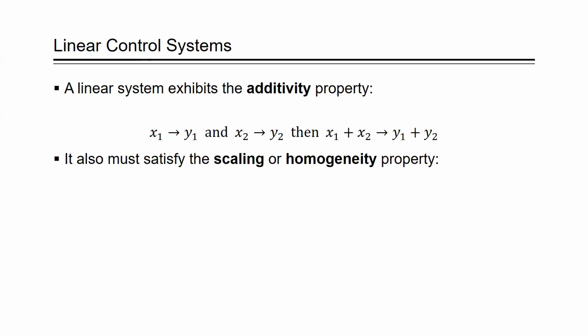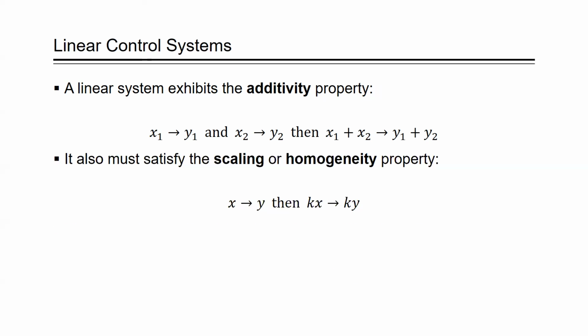Now, a linear system also satisfies the scaling property or the homogeneity property, where if you have an input x that gives you an output y, then if you scale x or multiply it by a scalar value k, it should give you a corresponding output where if you scale y with that same scalar, they would be similar to the outputs without the scaling.